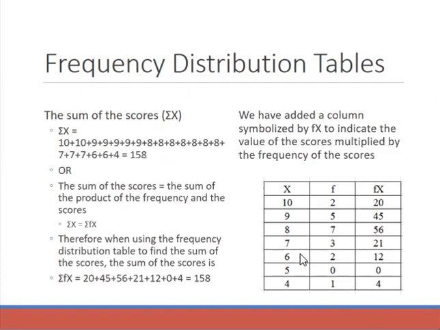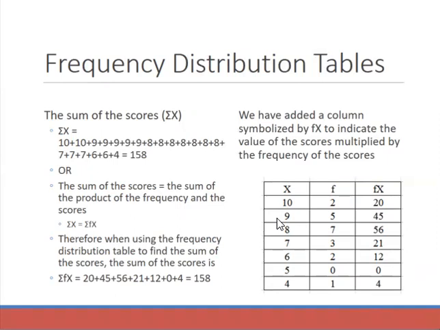So if you need to get the sum of X from a frequency distribution, you can either add them all up, right? So we have 2 10s, so we've got 10 plus 10, 5 people got 9s, so 9 plus 9 plus 9 plus 9 plus 9, and so on. So you can add up each individual score. Or the sum of the scores also equals the sum of the frequency times the score.